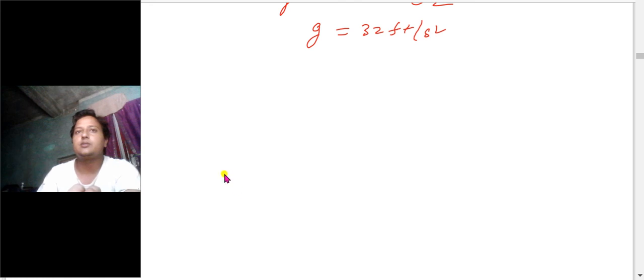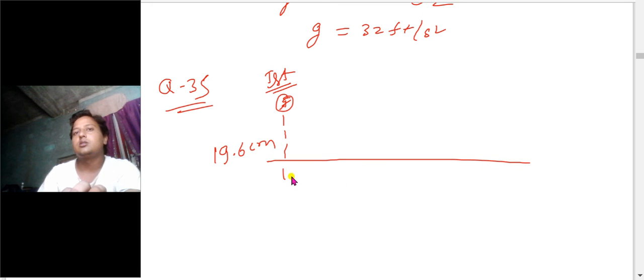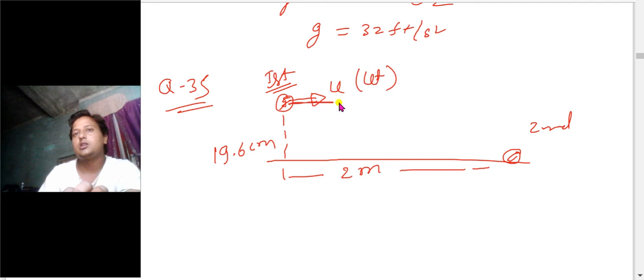Question 35: there is a first goalie at a height of 19.6 centimeter. There is another goalie at a distance of 2 meter. The first goalie is projected with a speed u so that it directly hits the second one. We have to find this u.